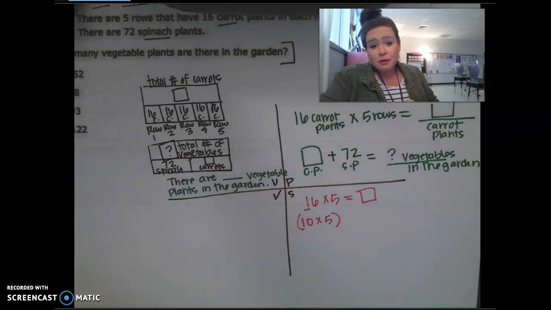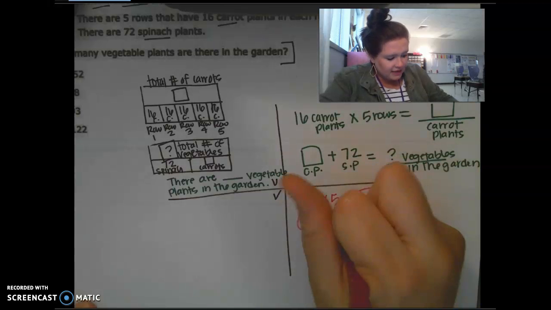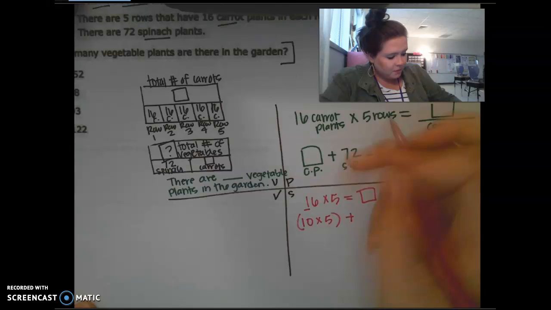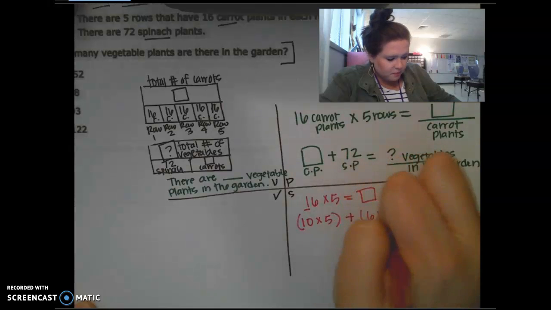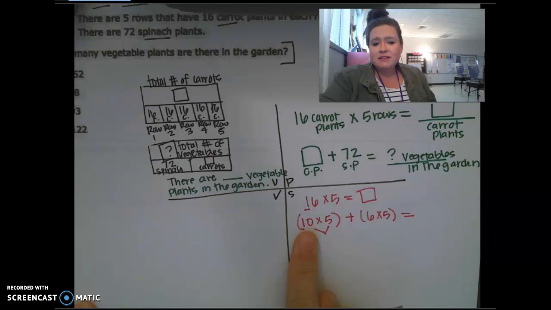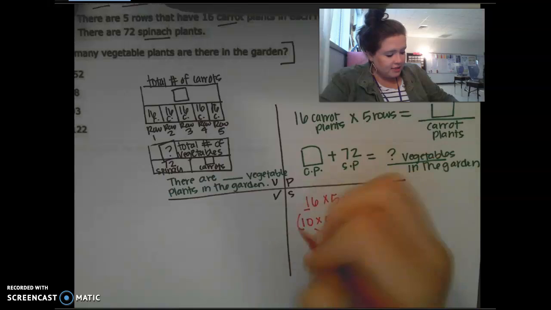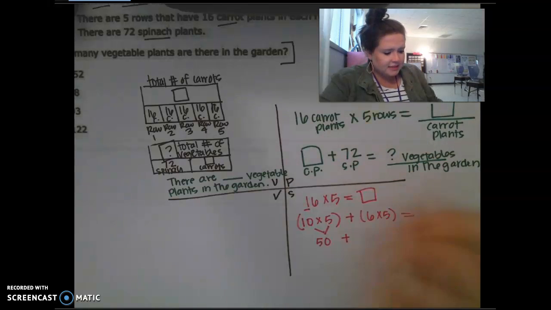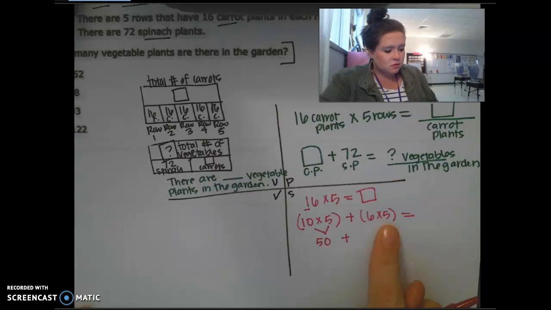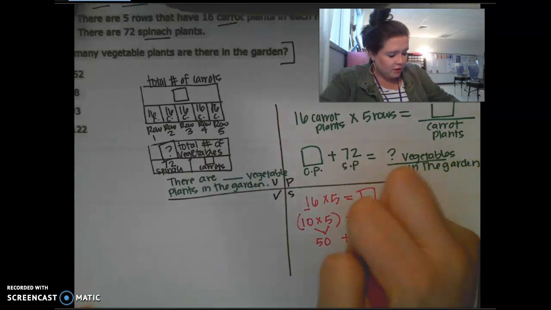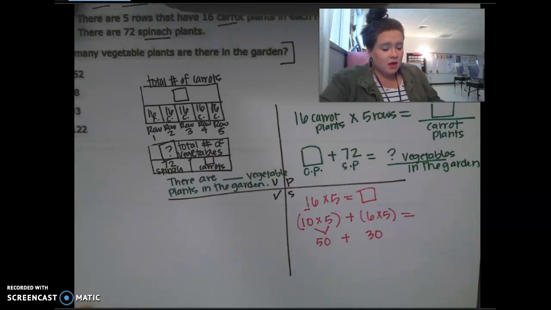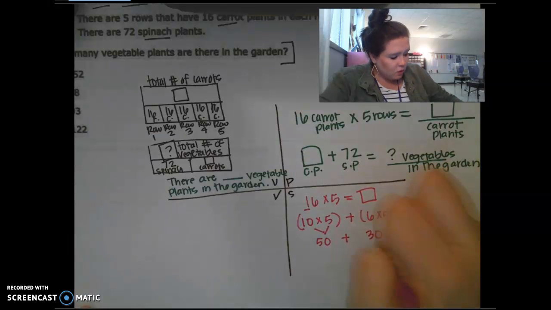You multiply each place value times 5. So 10 times 5 plus 6 times 5. 10 times 5 is what? Good. 10 times 5 is 50 plus, what is 6 times 5? Good. 30. Okay. 50 plus 30 equals 80.